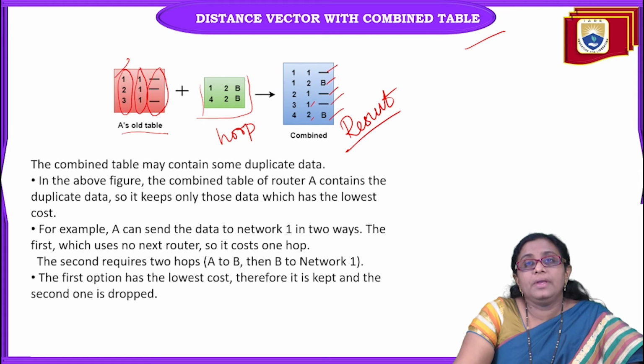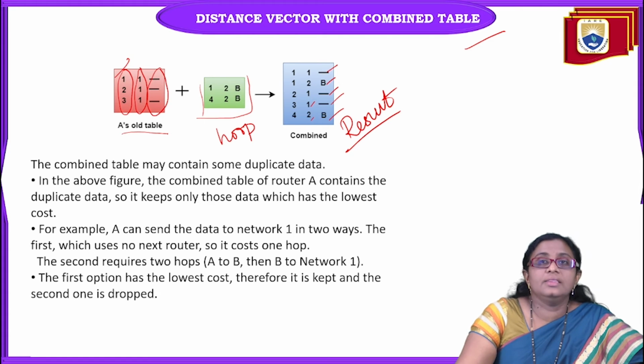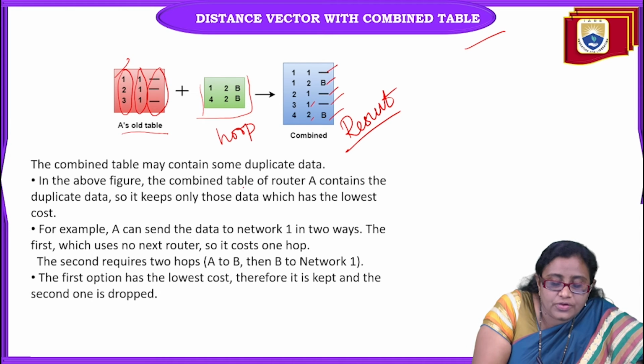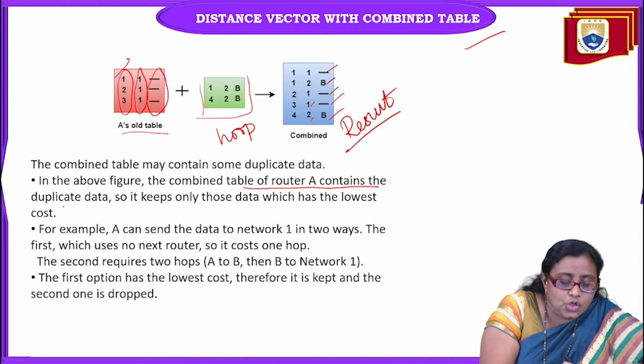The combined table may contain some duplicate data in the above figure. That means in this figure, the combined table of router A contains duplicate data.